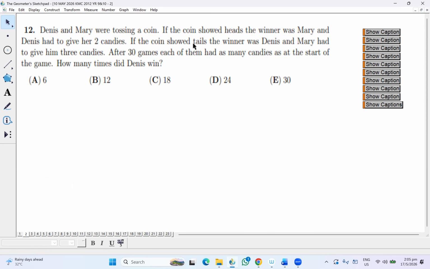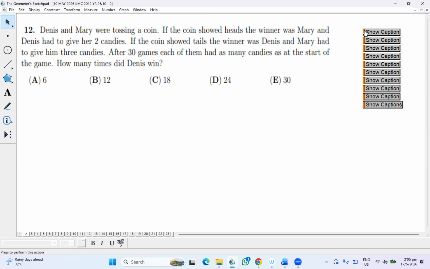If the coin shows tails, winner was Dennis, and Mary had to give him 3 candies. After 30 games, each of them has as many candies as at the start of the game. Didn't win, didn't lose. How many times did Dennis win?